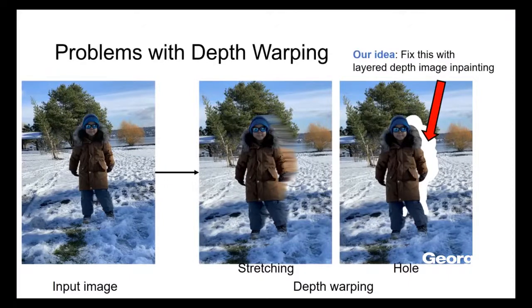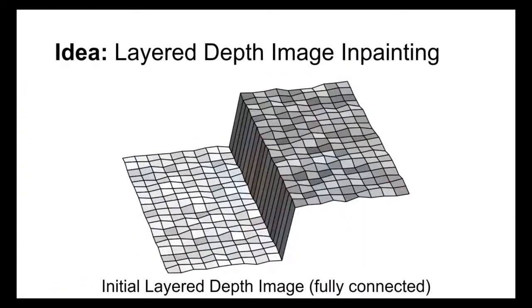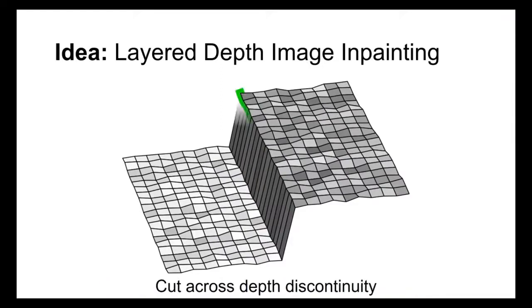So how does this work? Let's look at a simple toy example. If you zoom in to a step edge in an image, you'll see something like this. On the left is further away from the camera, on the right is closer to the camera. At the beginning, every pixel is connected to its 4 nearest neighbors, and you first cut across the depth discontinuity to remove those meshes. The next step is to identify where the background context should be.